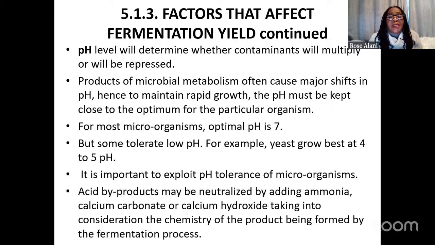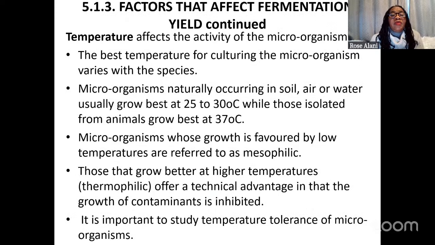So it's important to exploit pH tolerance of microorganisms. You know your microorganism, you know the pH at which it will grow best, and so you give it that particular pH for it to grow well and multiply and give you the amount of cells that you need for optimal production.